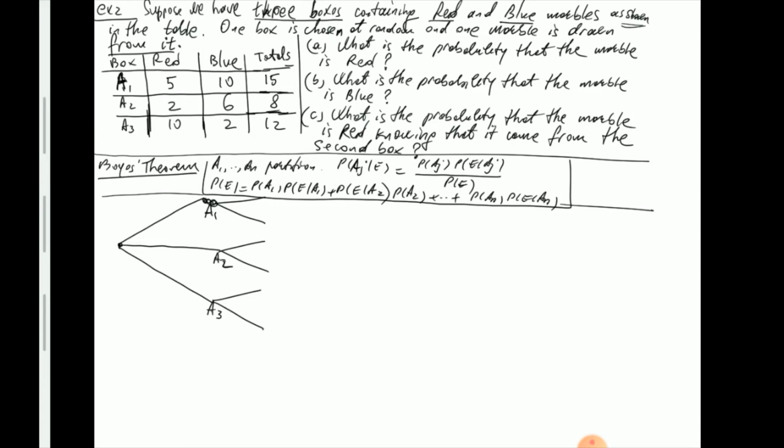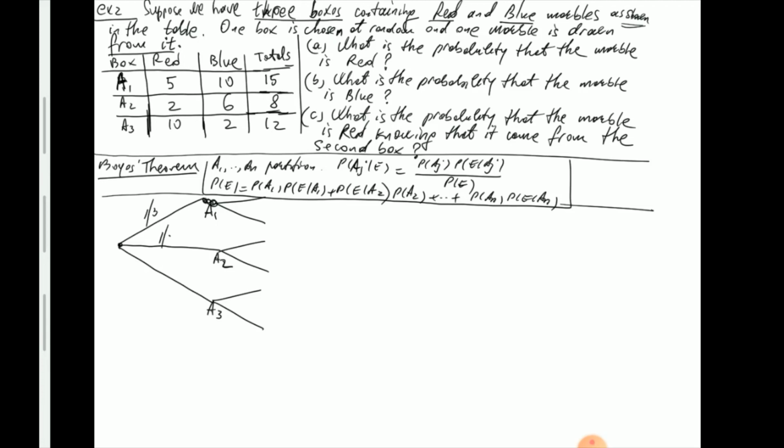Now, what is the probability of each of them? Well, the problem suggests that each of them is equally likely. So it doesn't say that you're more likely to choose one box versus the other. So you have three boxes in front of you, you pick one at random. It is implicitly understood that these probabilities are equally likely. So you're equally likely to extract either A1, A2, A3. There's three of them.